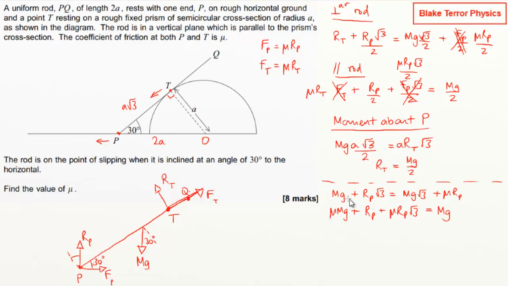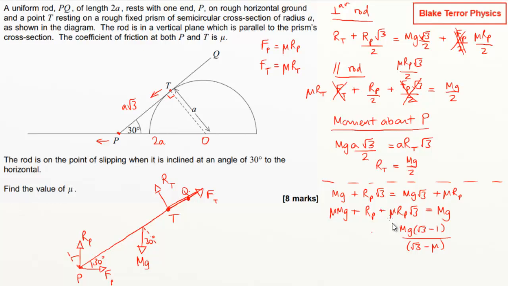For the first one, coming off of this top one, the mg's on the same side. So we're going to have an mg root 3 minus 1, and then we'll have an RP root 3 minus mu, we're going to have to divide by root 3 minus mu.